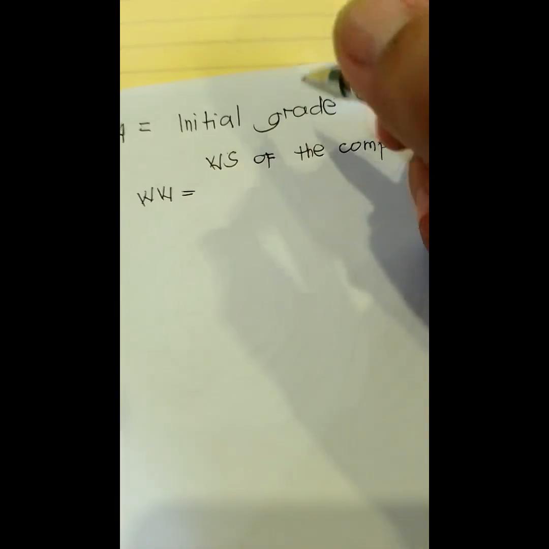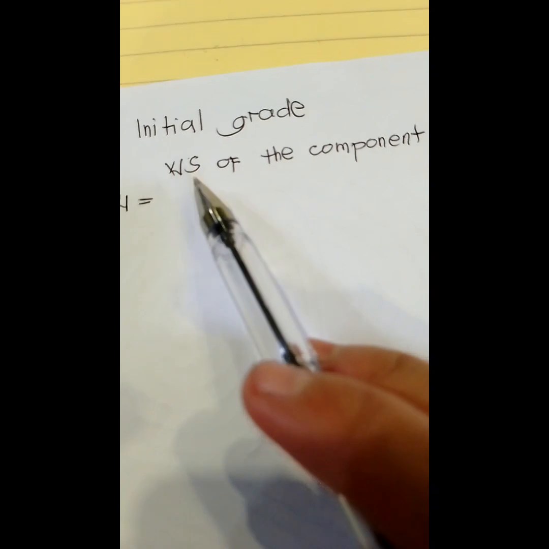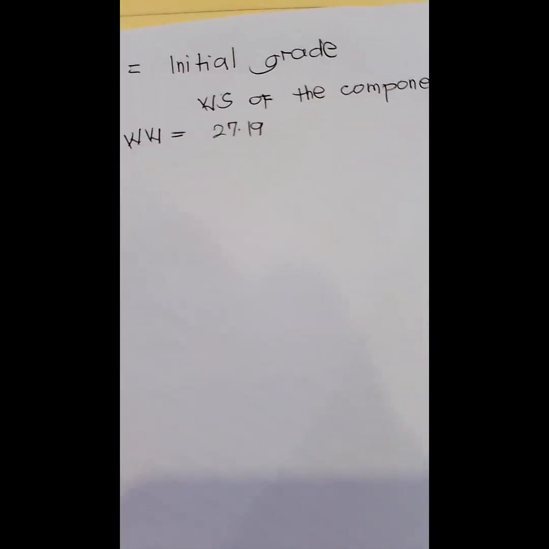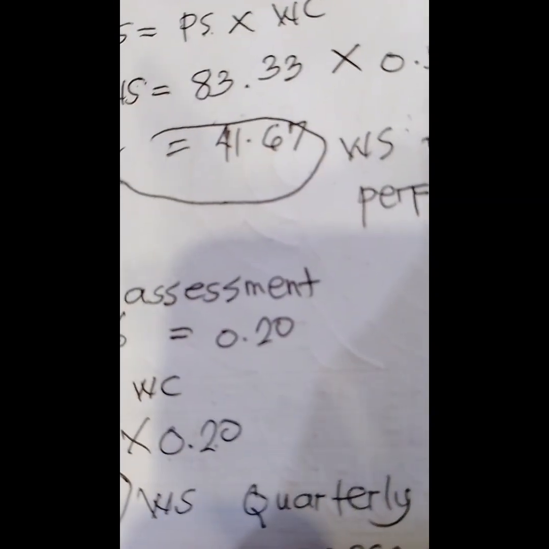Written work. So the weighted score of the component in written work earlier is 27.19. And then in performance task, the weighted score we got is 41.67.